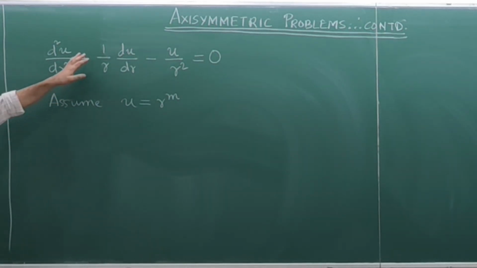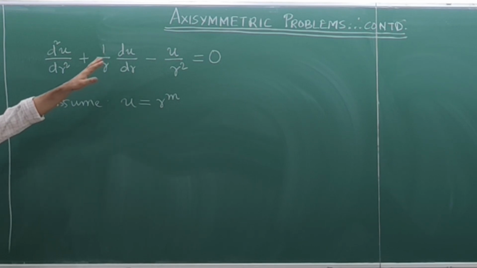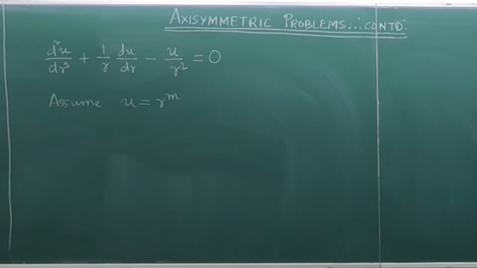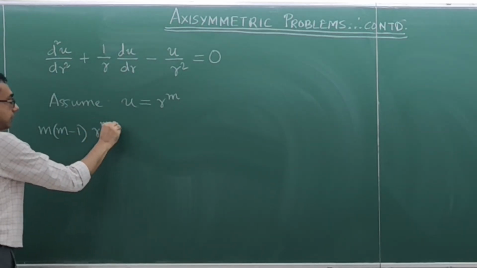We understand that u is a pure function of r. So the solution form that we are going to assume is this, r to the power m. The advantage here is that from here I will get m into m minus 1, r to the power m minus 2.